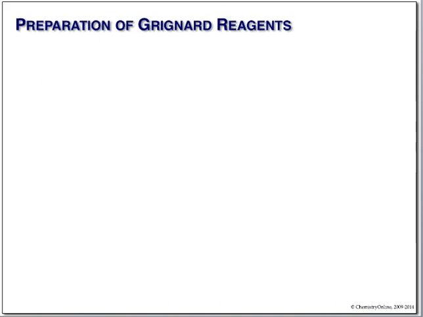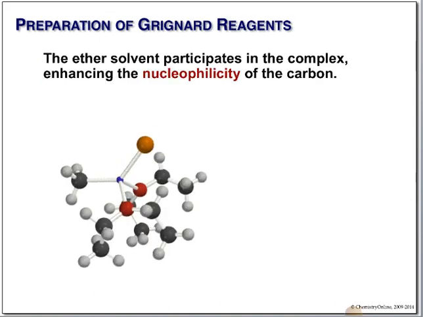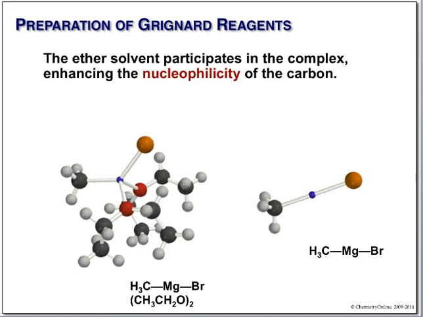Now we looked at the structure of the ether complexes in the last chapter. Just to review, this is methyl magnesium bromide. Methyl group, there's a magnesium, there's the bromine. This is the bare compound itself.